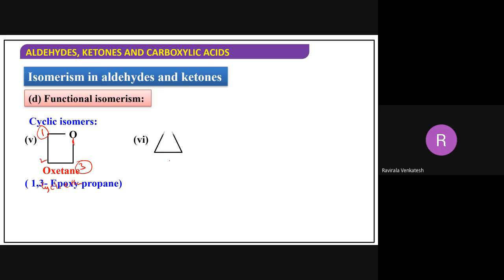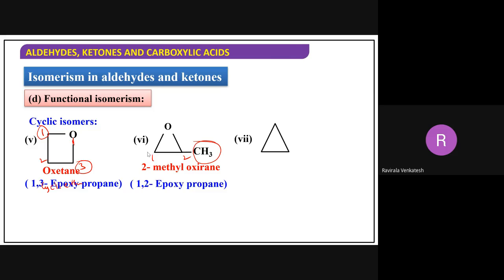This is a cyclic ether only, with the same molecular formula. This is also a cyclic ether, but here I have taken one carbon on the second carbon, 1,2. We can call this 2-methyl oxirane, because the second carbon has a methyl. 2-methyl oxirane, or 1,2 epoxy propane. Like this also we can write. So these are the numbers.